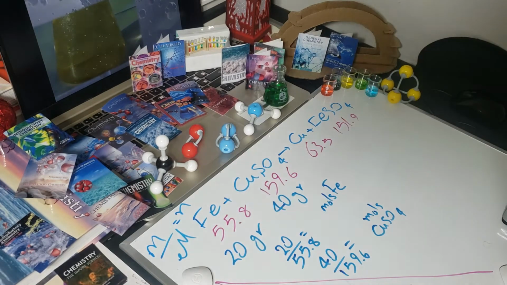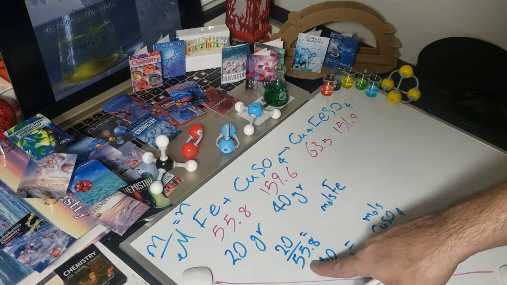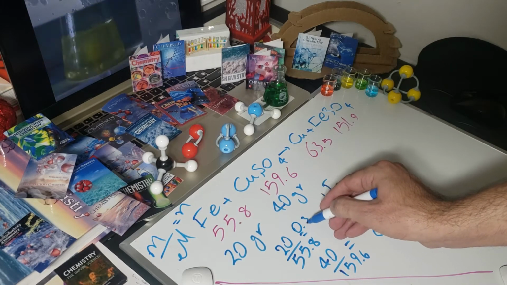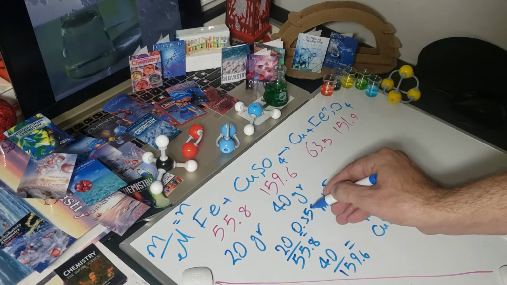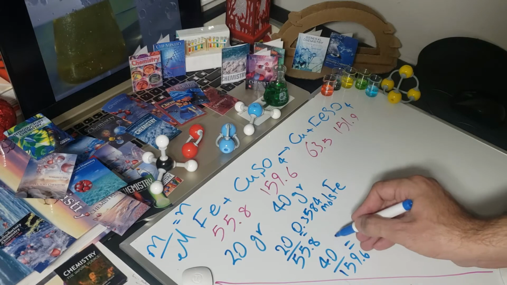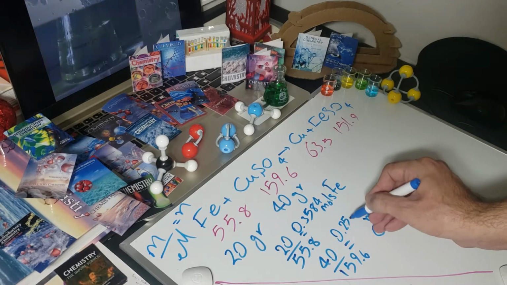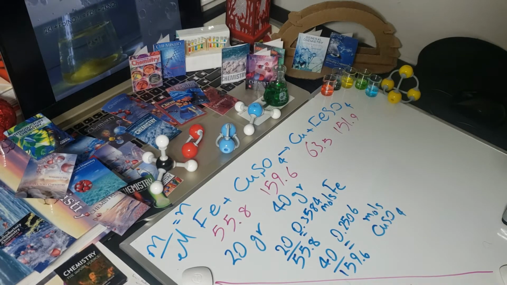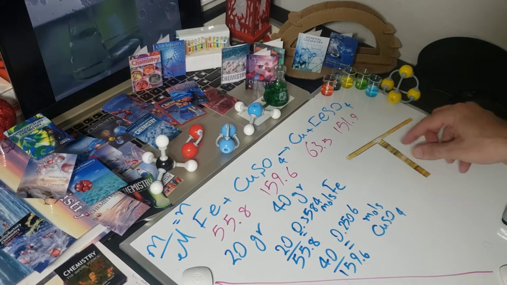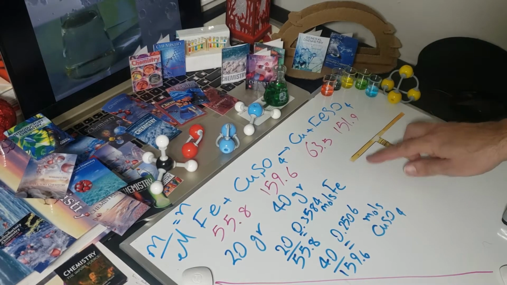Those are just information that you could take from the periodic table. 20 divided by that would be 0.358, and 40 divided by that is 0.2506.